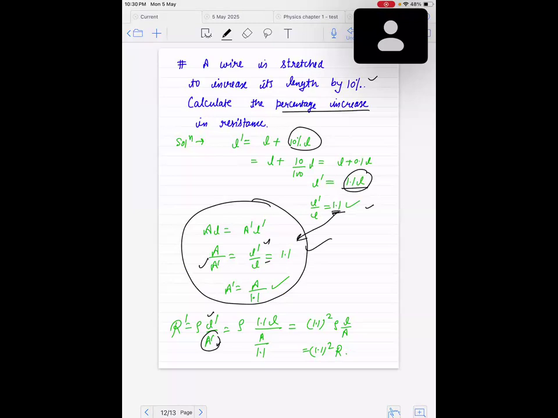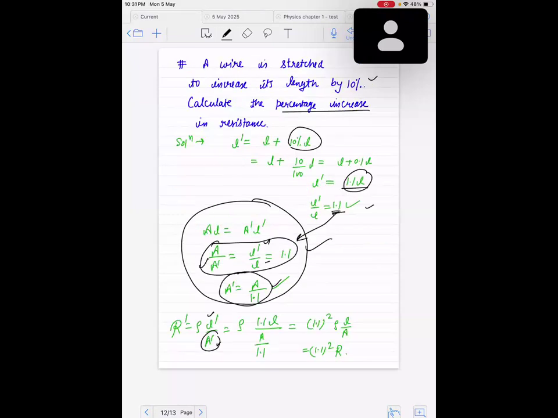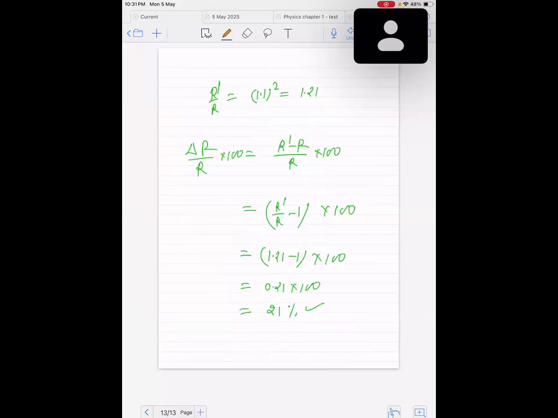So just interchange this, and put all the values here. So it is 1.1 square R. Is it okay till here? Yes, sir. Now R prime by R is 1.21.